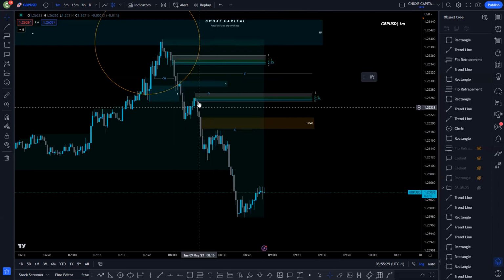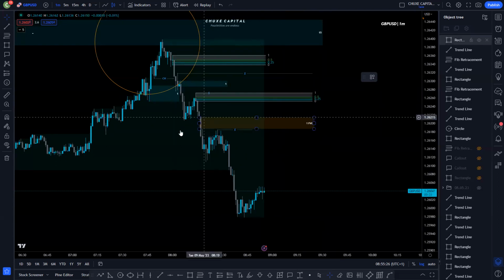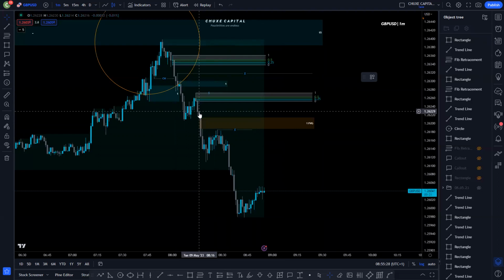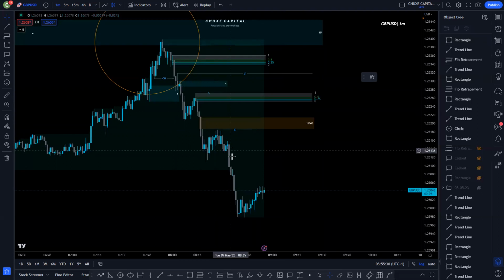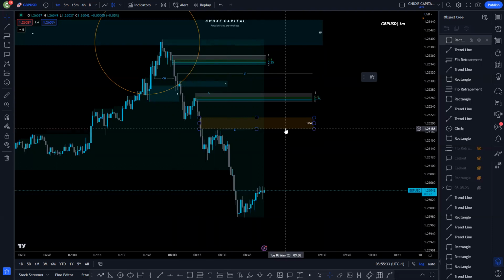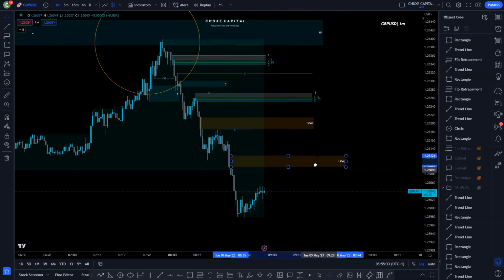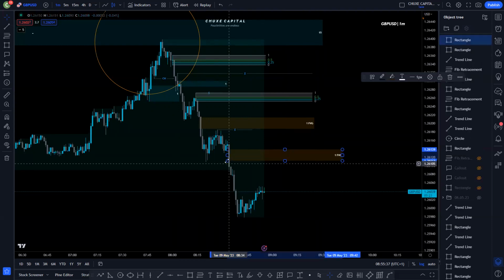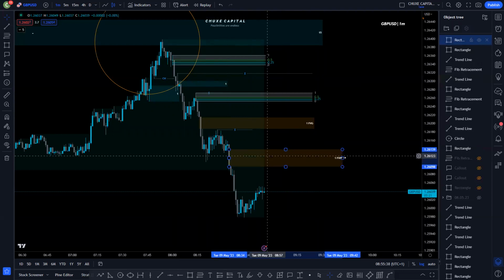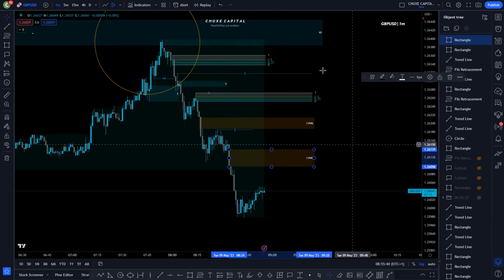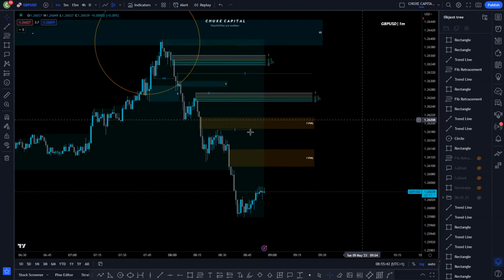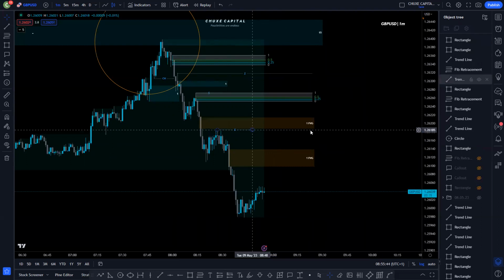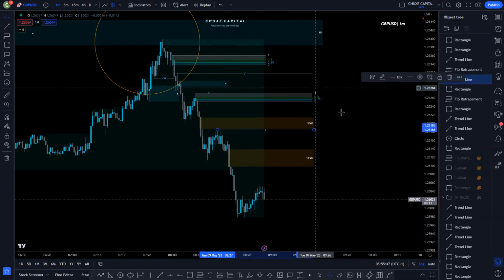Okay, and we have the same here. So there are a lot of these things that could induce price to come back in there to take it. But for now, this is the entry I'll be looking at.